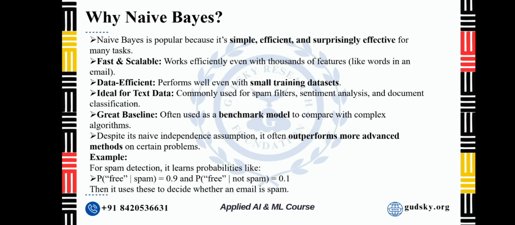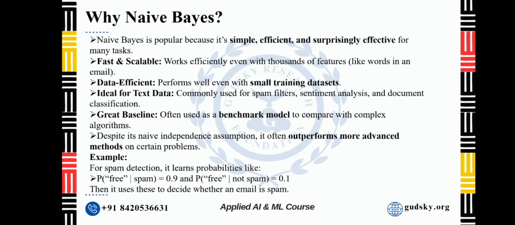Now we'll move to the next slide. Why naive Bayes? Now that we understand the role of probability, let's talk about why naive Bayes is so popular. Naive Bayes is one of the simplest machine learning algorithms, but don't let that simplicity fool you. It's fast, scalable, and surprisingly powerful.